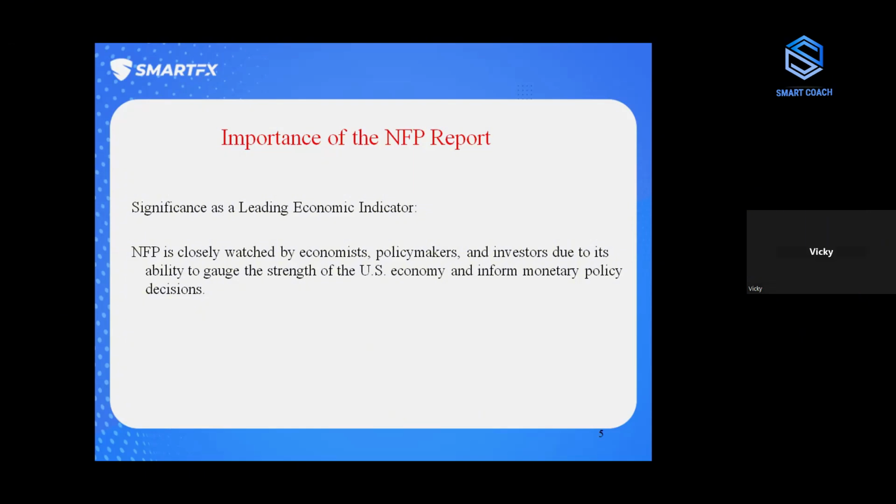Therefore, the investors will move their investment away from the US economy and US dollar, and it will have a tremendous impact on the economy of any country, let's say, the US. This is the reason why NFP is a significant leading economic indicator.